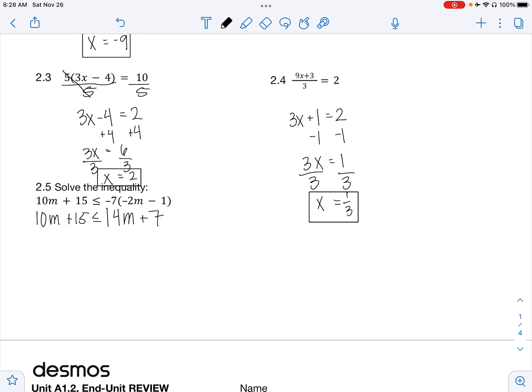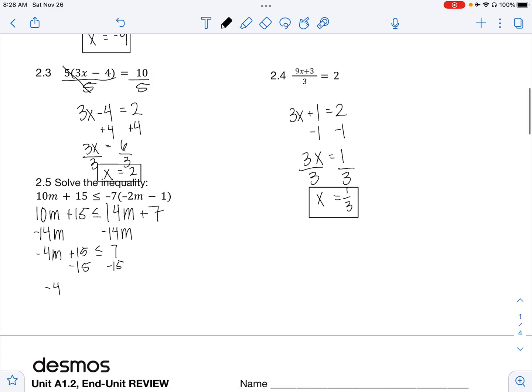Now I'll subtract 14m. So I get negative 4m plus 15 is less than or equal to 7. And subtract 15, and that gives me negative 8.